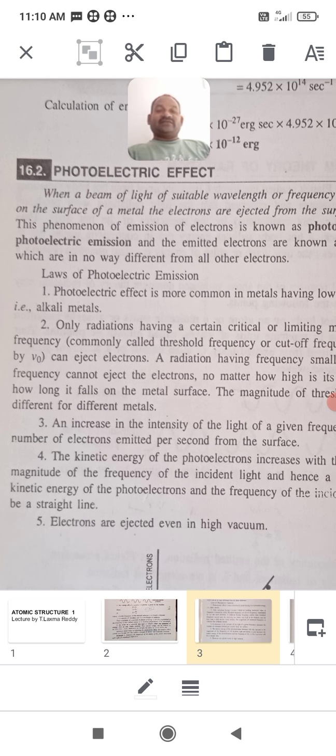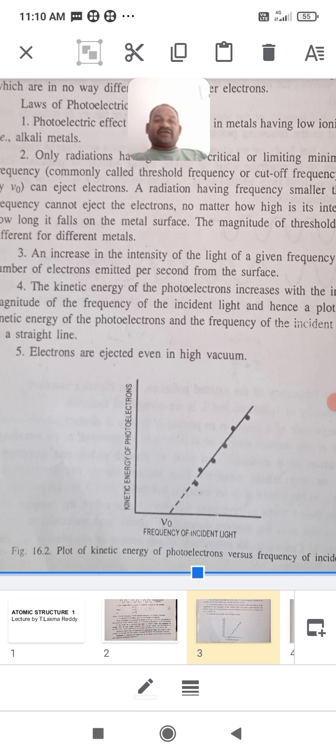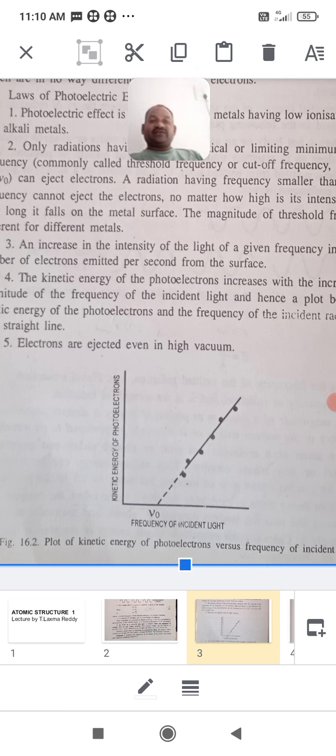You see the slide clearly, that is the straight line. The kinetic energy of the photoelectrons increases with the increase in the magnitude of the frequency of the incident light, and hence a plot between the kinetic energy of the photoelectrons and frequency of the incident radiation will be a straight line.